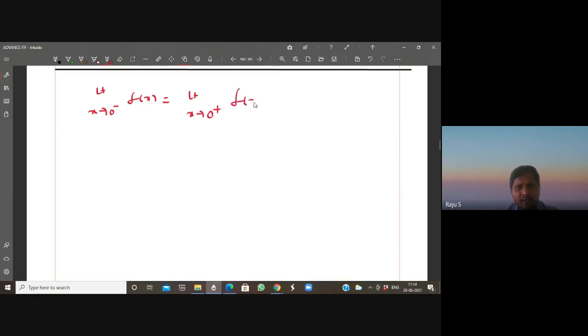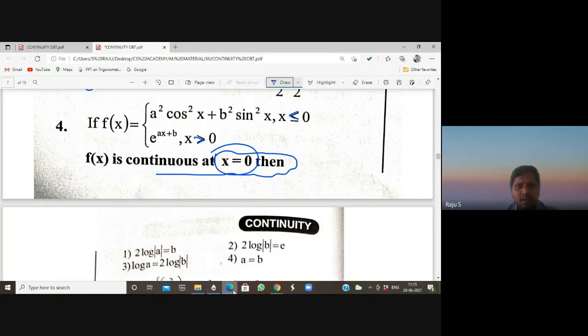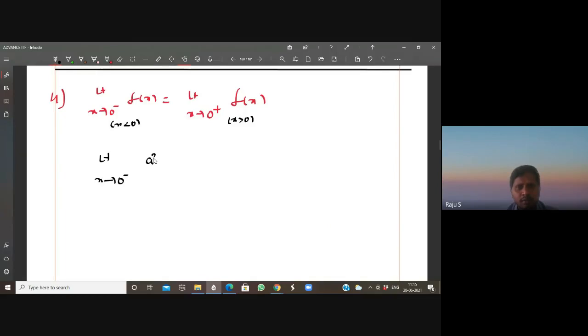plus f of x. Student, can you tell me here what is the function x tends to 0 minus? 0 minus in the sense, you know, x lesser than 0. 0 plus means x greater than 0 condition. Right, what is the function, student? In this case, function value lesser than 0, a square cos square x plus b square sin square x.